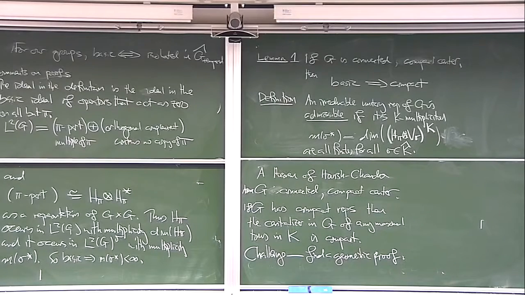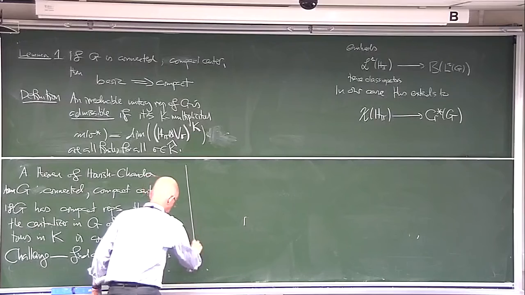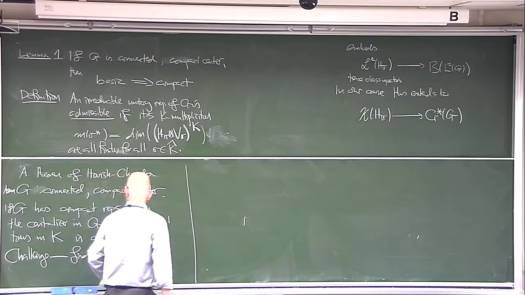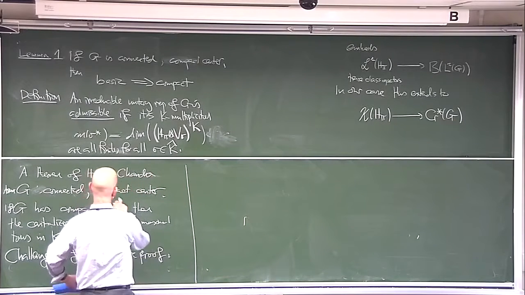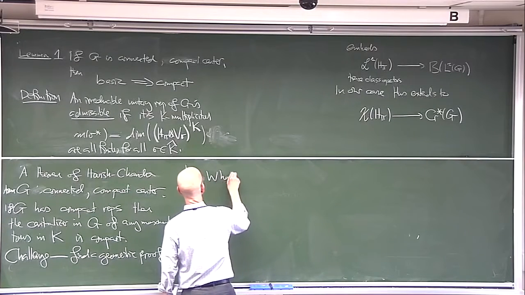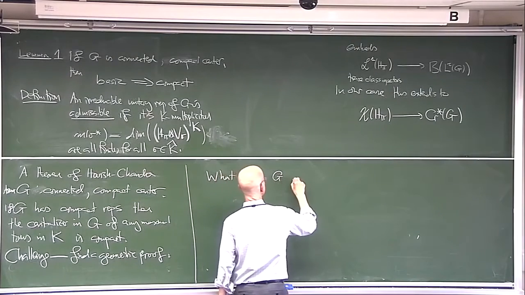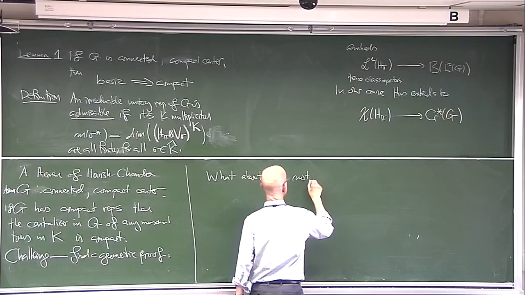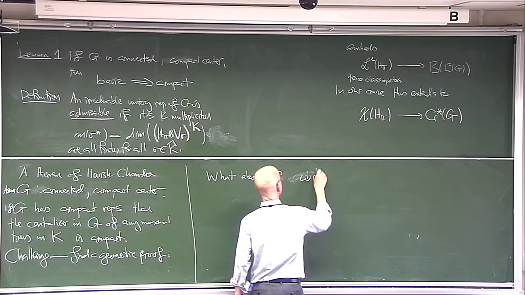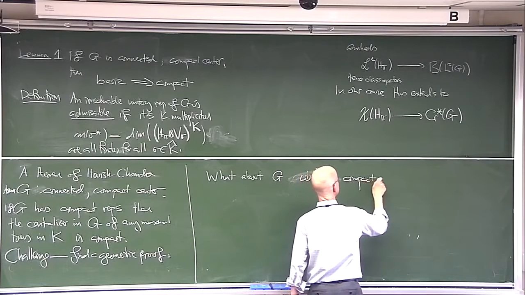Okay. All right, and now I want to say something about some of these words here. So what happens if you have a group without compact center, like GLNR, for example?